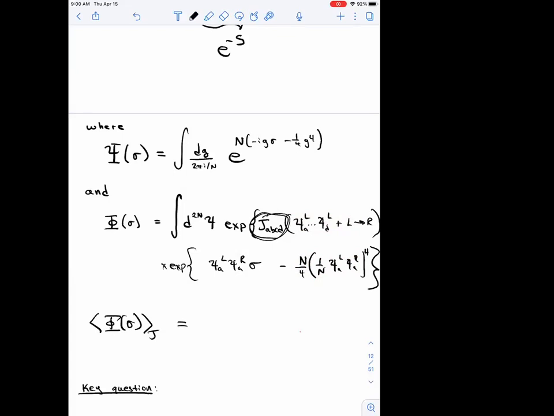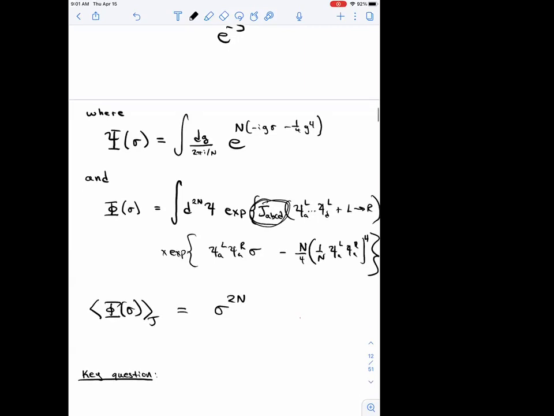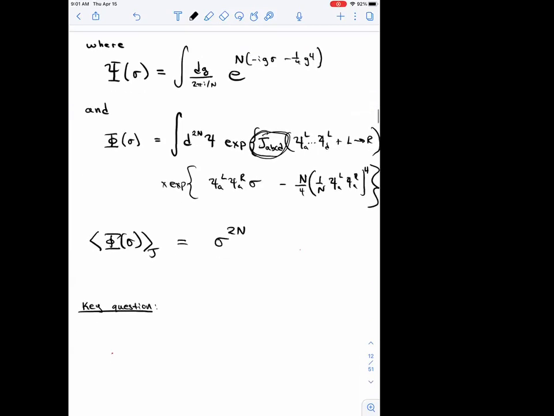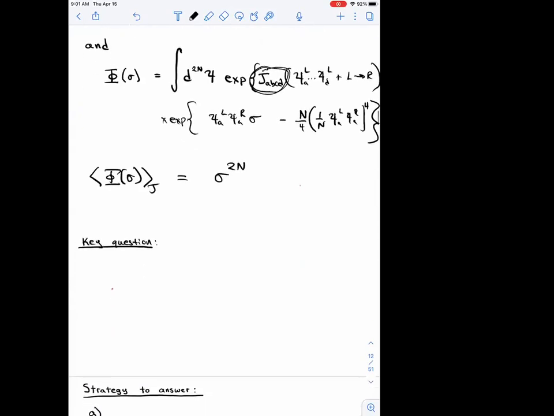In fact, you get sigma to the power 2n from doing the integral over those fermions. So the average of phi is some very simple thing, and if you plug that back in, you get our previous formula, the log term in the action for the previous computation. Okay. So now here's the key question about this model.